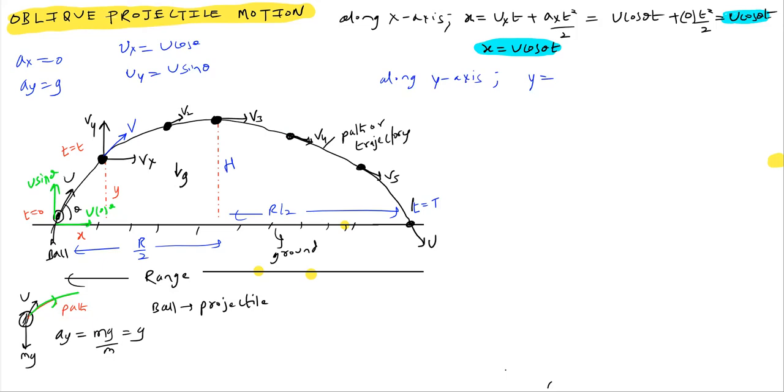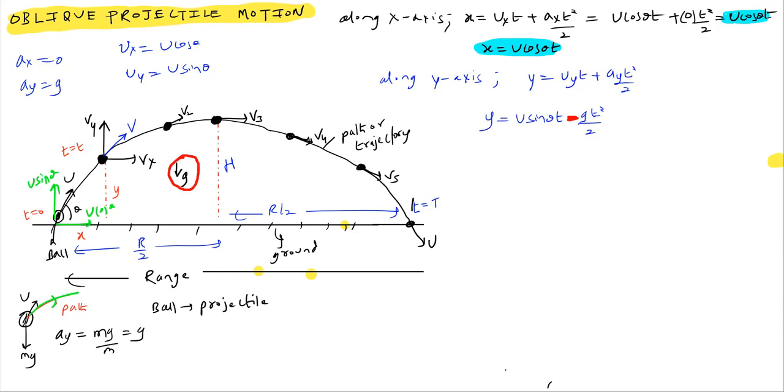Along y-axis, y equal to u_y t plus a_y t square by 2. Now substituting all the values: u_y is u sin theta t, a_y will be g with a negative sign. Why this negative sign for g? Look at how g is acting.